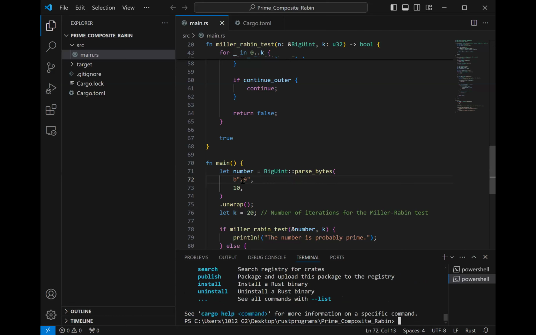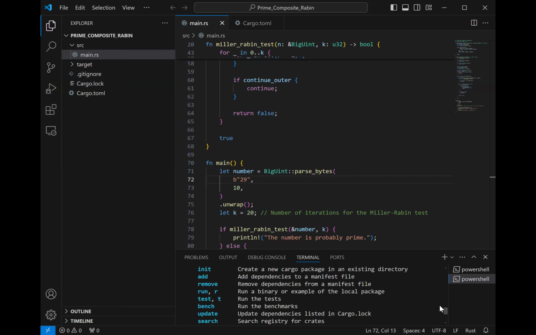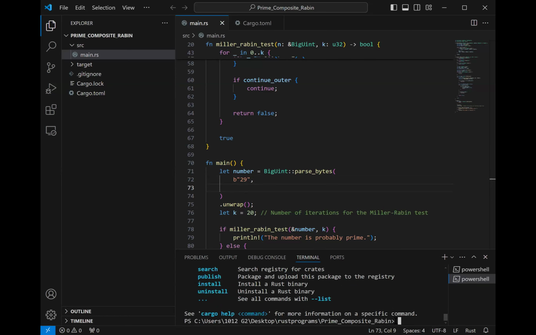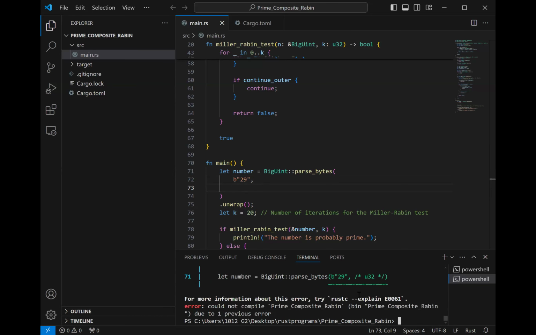What happened? Have I put a space again or what? Just a minute. I think there's something I've done, but I cannot notice what it is.